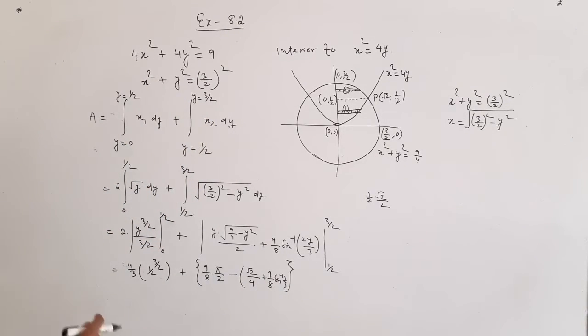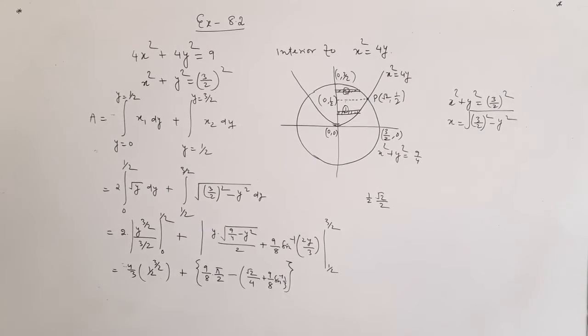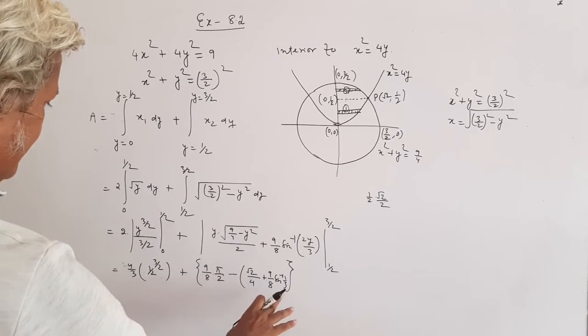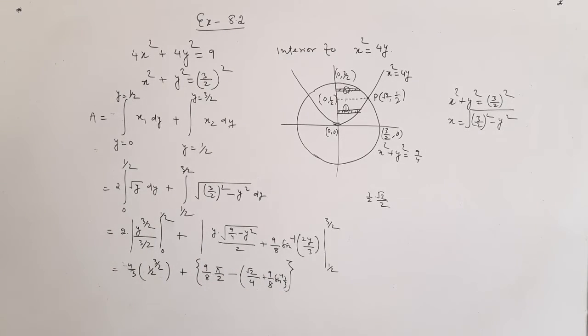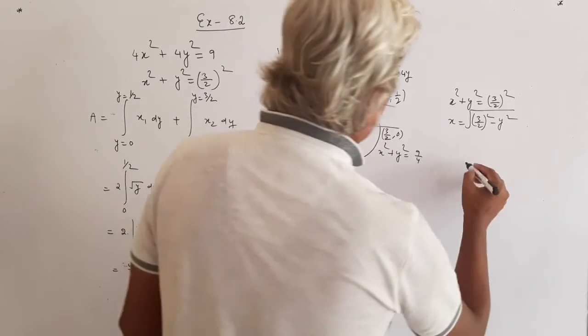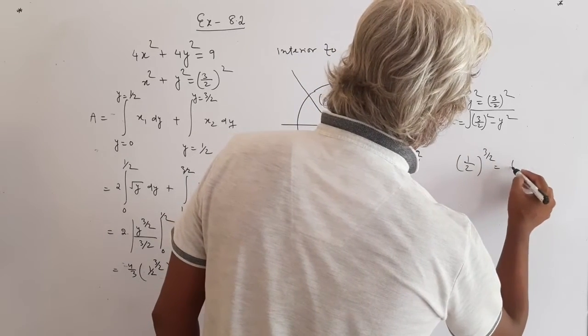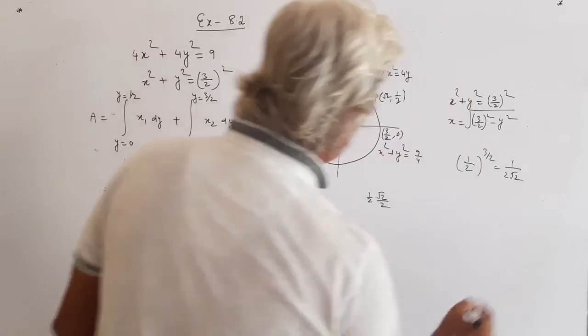Now let's simplify. This question is becoming a little lengthier, so have patience. Now root 2, first you find 1 by 2 whole to the power 3 by 2, which is just 1 by 2 root 2.